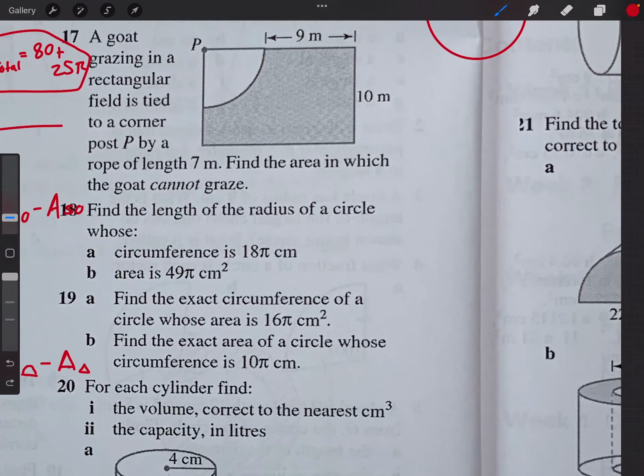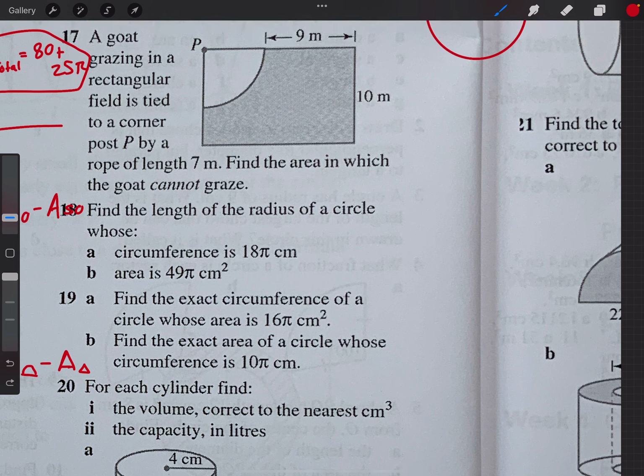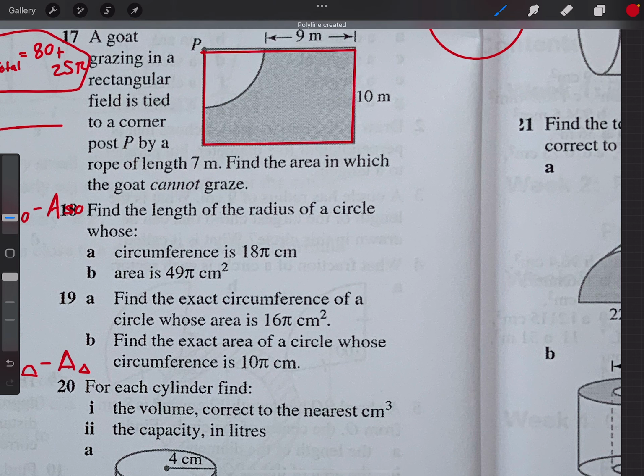Question 17. A goat grazing in a rectangular field is tied to a corner post P by a rope of length 7 meters. Find the area which the goat cannot graze. So we have to find the area of this shaded region here. Now, to find the area of the shaded region, I'm going to find the area of this rectangle, the whole amount there.